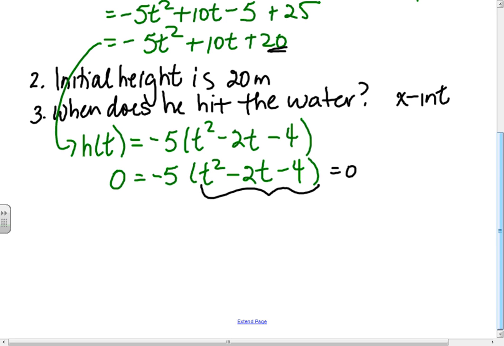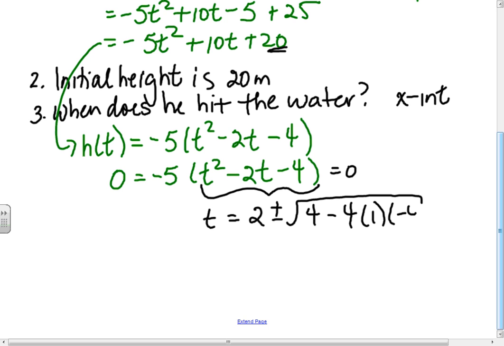And for that, I can use the quadratic formula. t is equal to negative b, which makes it a positive 2, plus or minus the square root of b squared, which becomes a 4, minus 4 times invisible 1 times minus 4, divided by 2. Using the quadratic formula, the first answer will be 3.2.